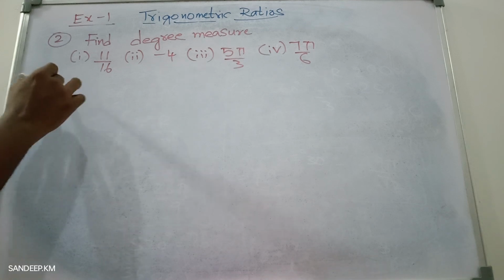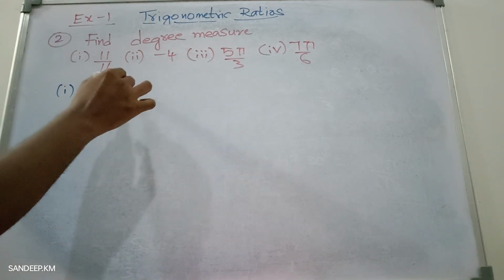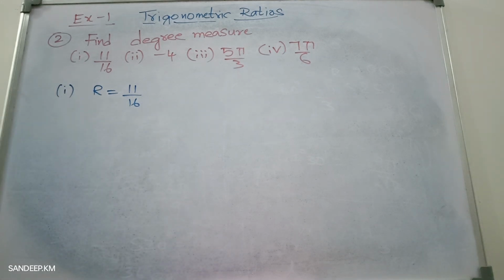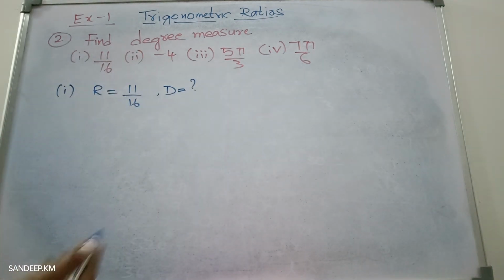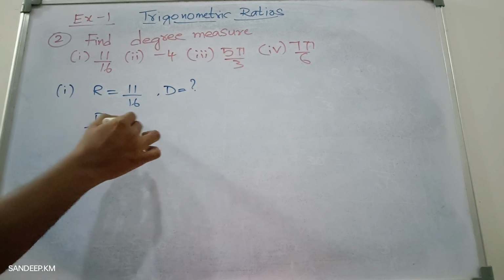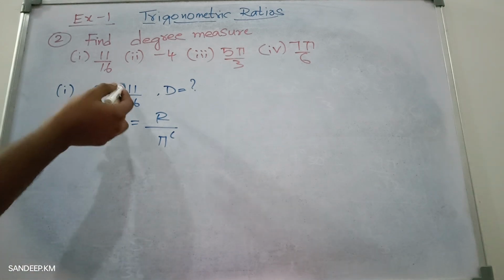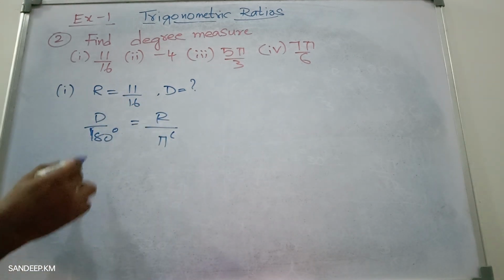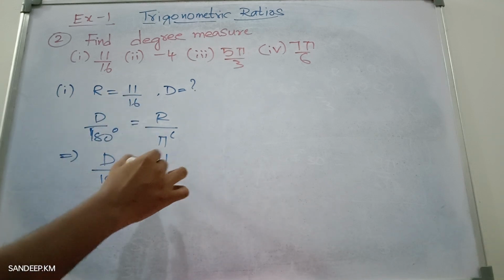Listen carefully. So in radian measure, they have given the angle as 11 by 16. We have to find it in degree measure. So we know that the degree measure by 180 degrees is equal to radian measure by pi radians. Let us substitute radian measure as 11 by 16. So degree by 180 degrees is equal to 11 by 16.